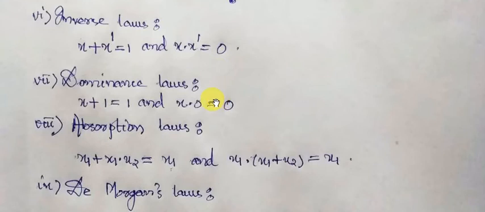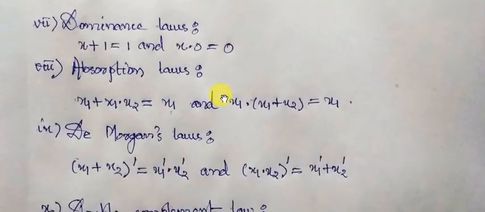Inverse law for the complement: x plus x complement is equal to 1, and x into x complement is equal to the additive identity element 0. The dominance law: x plus 1 is equal to 1, and x into 0 is equal to 0.